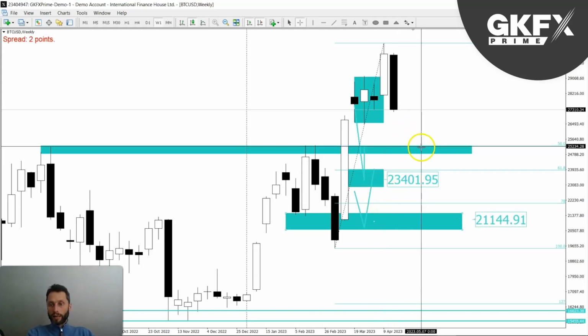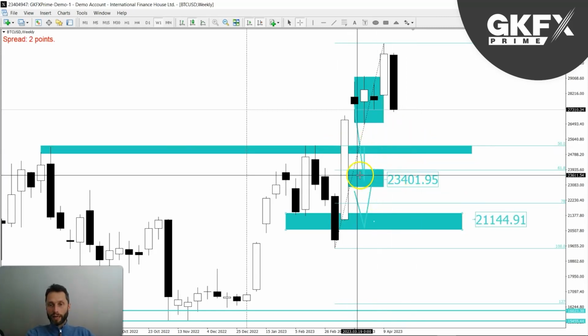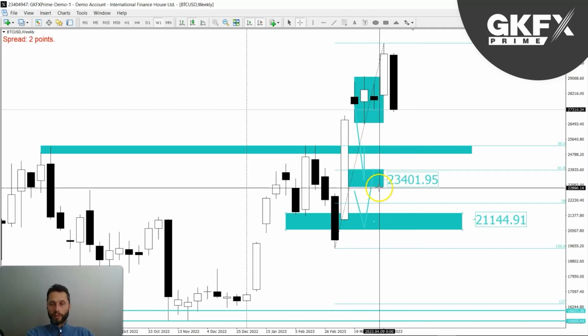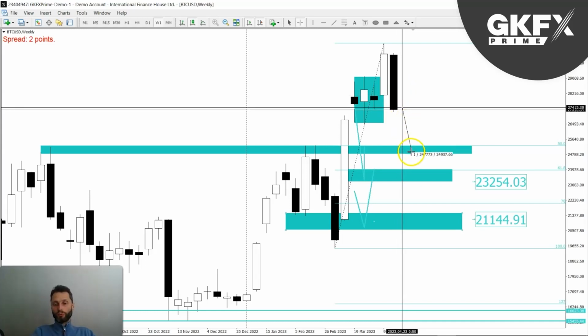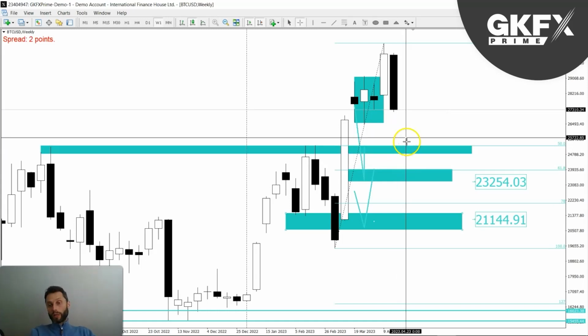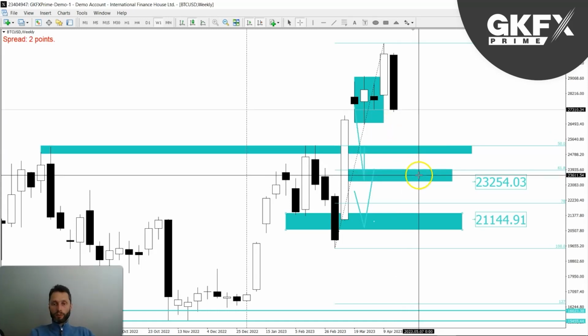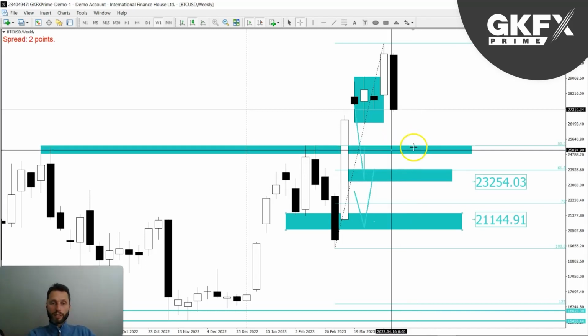So you can see that the 50 level is here and the 61 level is down here. Then what's next? Well, I would still much prefer to wait for the market to reach this level, firstly here, and see what happens if it turns around. If and when it does that, the next level will be down here if we don't get any price action at this level.